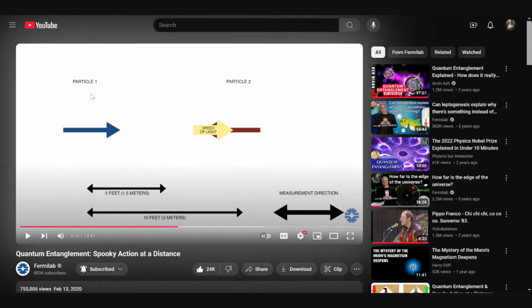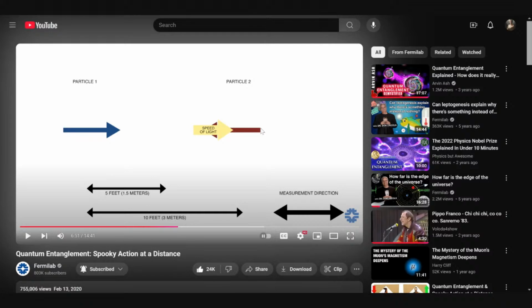We need to have particle 1 not communicate with particle 2, yet they need to flip a coin that seems to be entangled. So there should be one coin that's going to be the entangled coin, or the single wave function. Something has to be. They need to both know the answer.